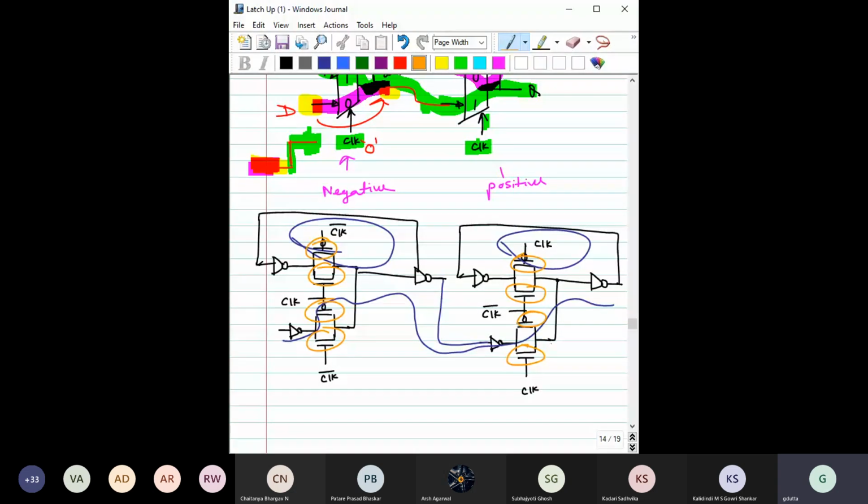Then 8 transistors. Then you have here 1, 2, 3, 4, 5, 6. So 6 inverters means 2 transistors each. 6 and 12, and 12 plus 8, 20. Right? So you need to store 1 bit. How many transistors? 20.